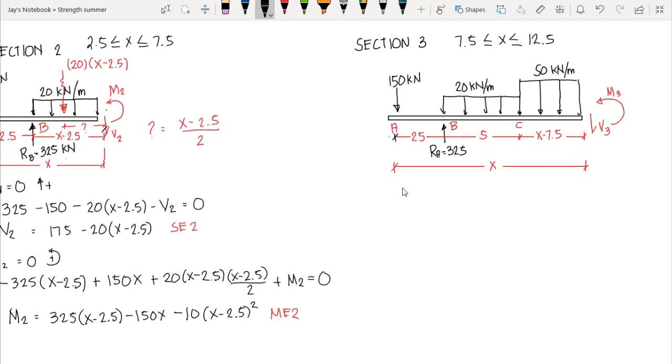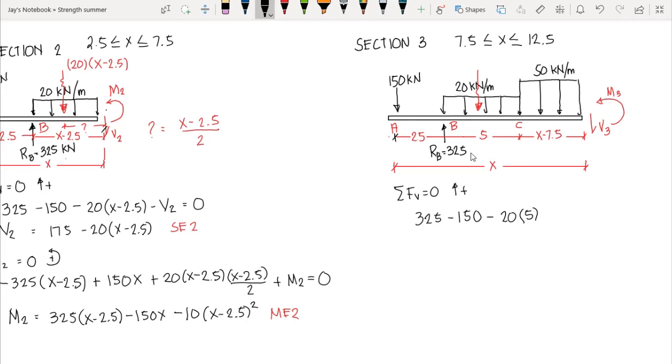So we could sum up forces vertical equal to 0, force acting upward positive. Then we have the reaction RB, that is 325, acting upward, that's positive. Then minus the concentrated load 150, minus the resultant force of the 20 kN per meter uniform load, that gives us 20 kN per meter times the length of action, that is 5.